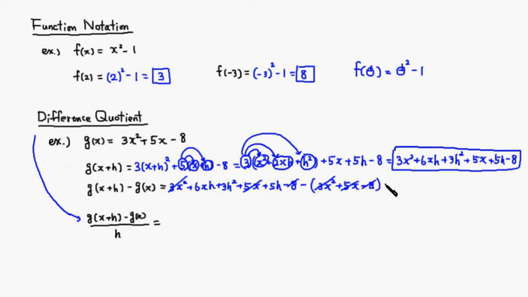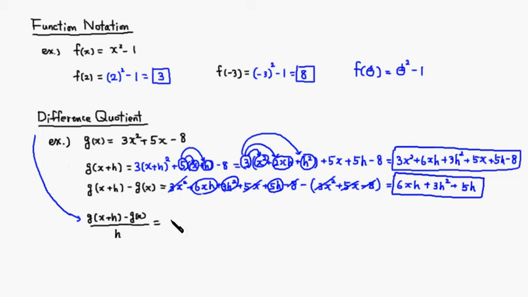So what's left is these three terms: 6xh, 3h squared, and the last one is 5h. That'll be the answer for the second one, g of x plus h minus g of x.